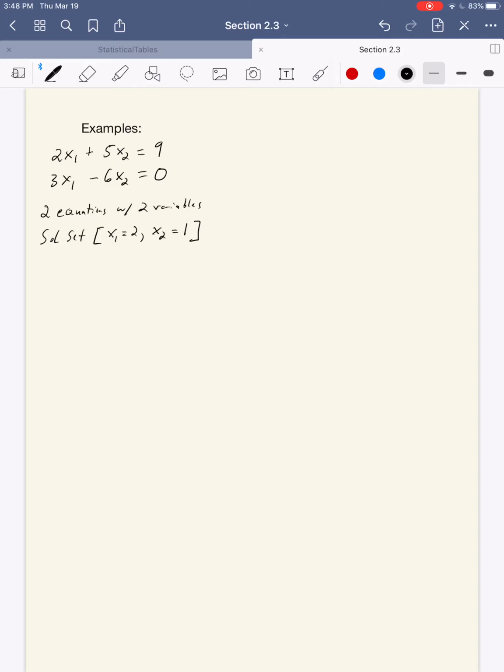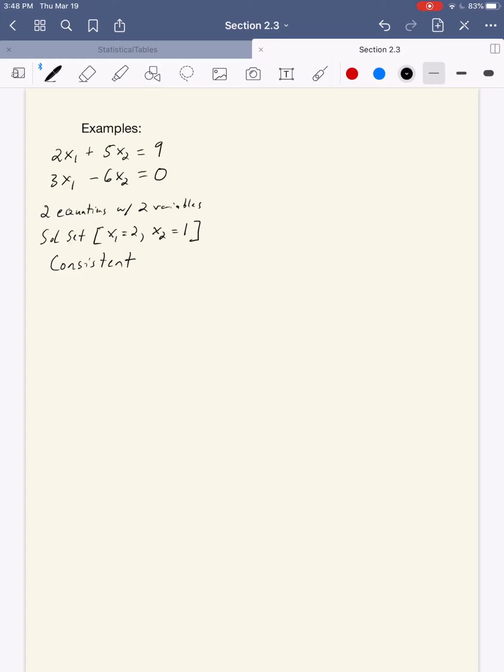So that's an example of a system of linear equations that has two equations, two variables, and a single unique solution. Whenever we have at least one solution, we note that the system is considered consistent. Anytime you have a solution, you can call the system consistent.